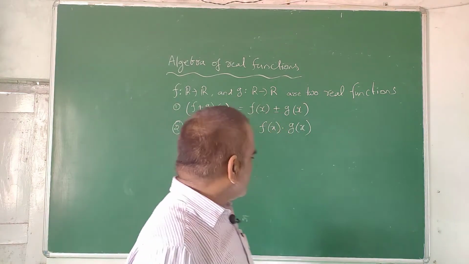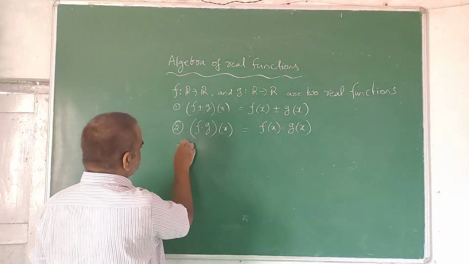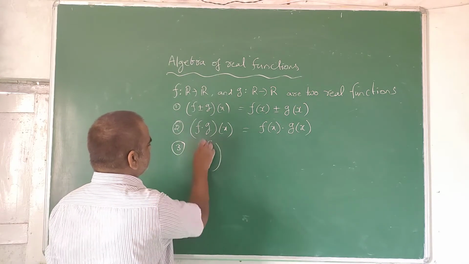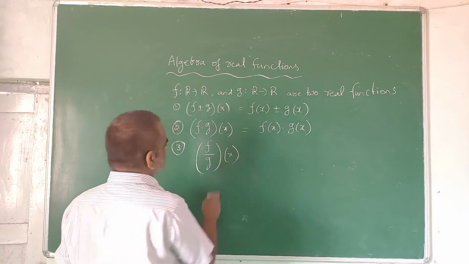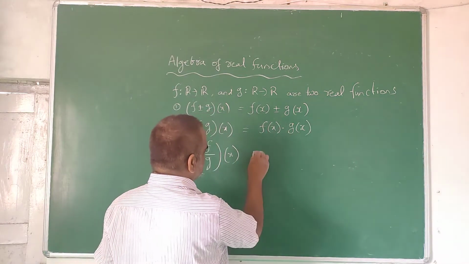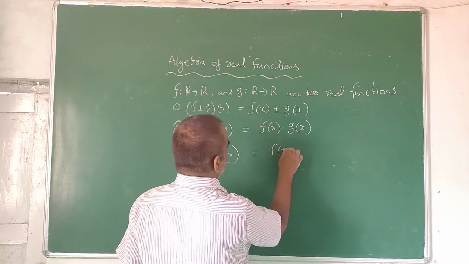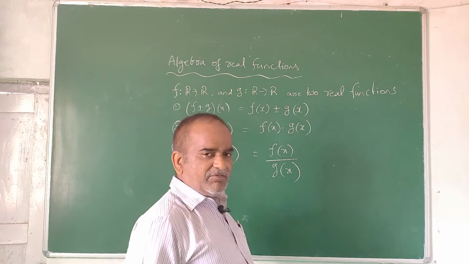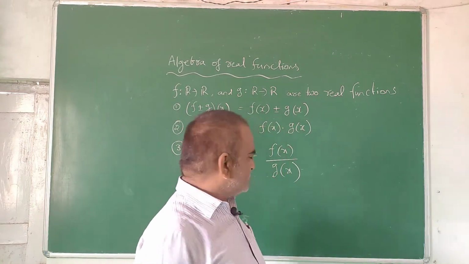Now coming to the third property, f by g of x is equal to f of x by g of x, where g of x is not equal to 0.